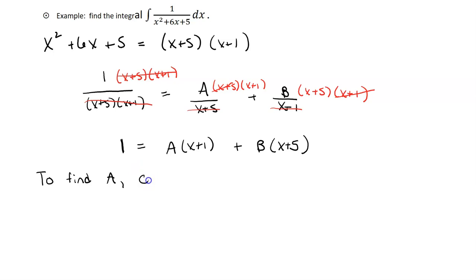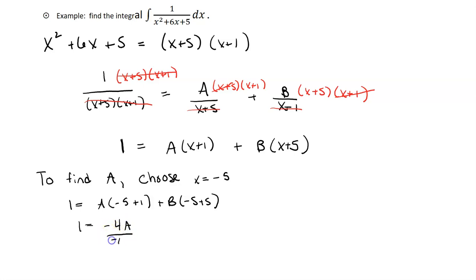So I'm going to choose x equals -5 and plug that in, so I'll have A times (-5 + 1) plus B times (-5 + 5). This gives me 1 equals -4A plus 0B. And then if I divide by -4, I get A equals -1/4.